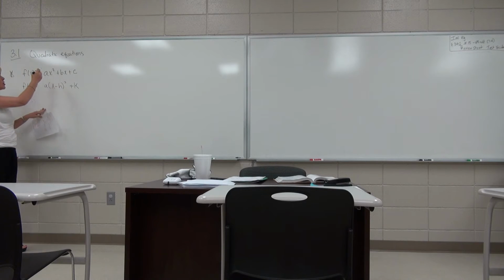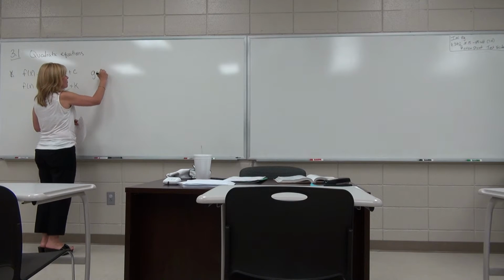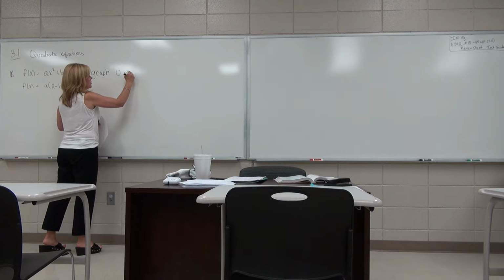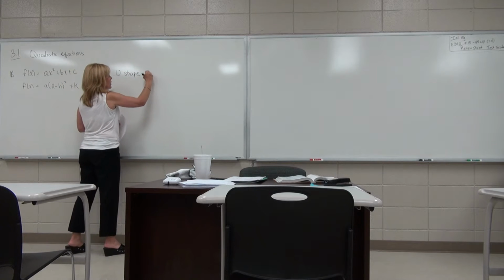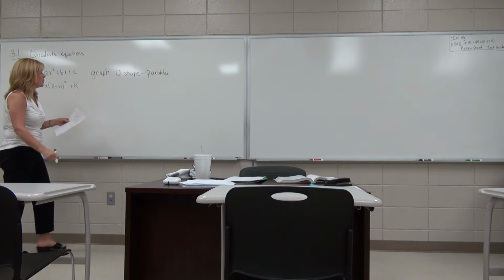On both of these, what's your highest exponent? 2. So it's a quadratic. And what kind of shape is a quadratic graph? One of those basic ones that was on your last test. Right, it's the U shape. So this graph is a U shape, which we talked about before, we call a parabola. Okay?